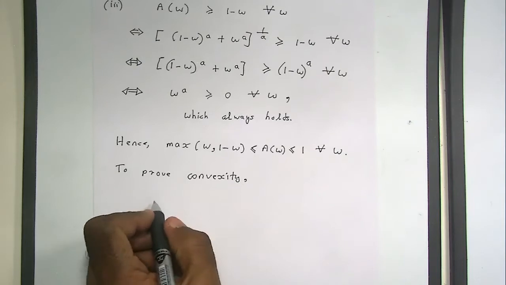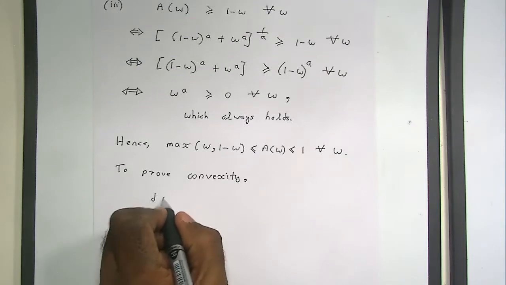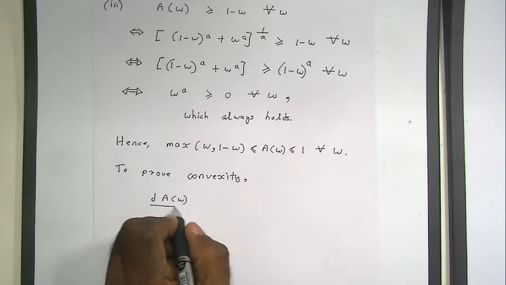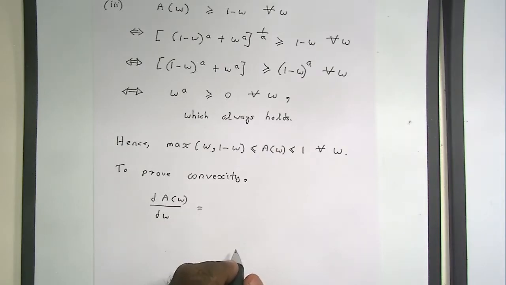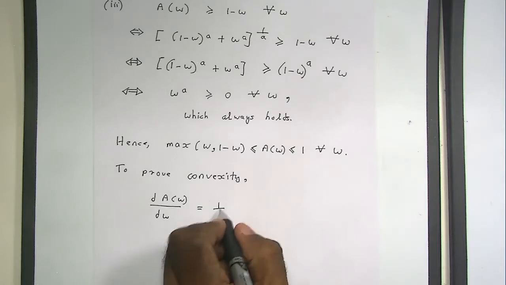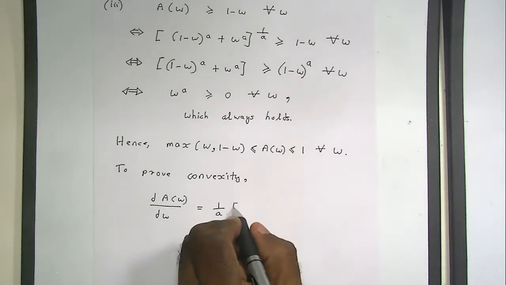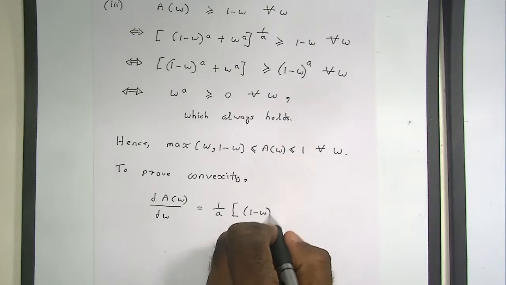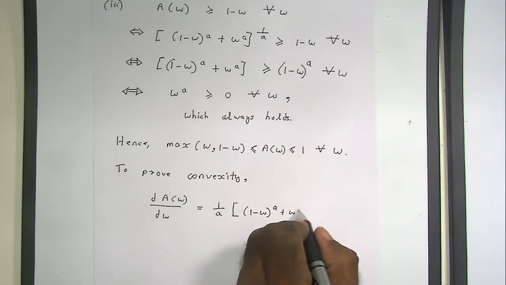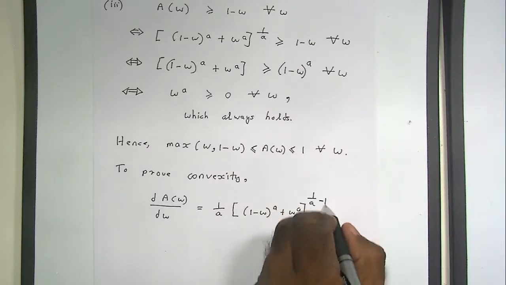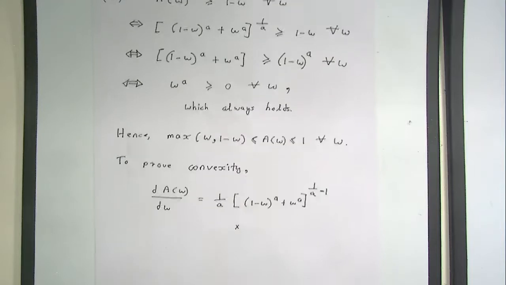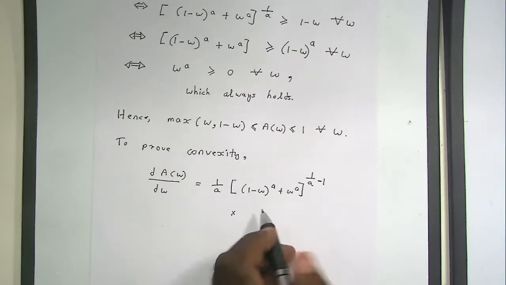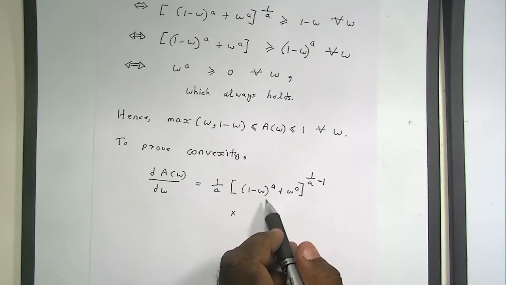First we need to take the first order derivative. So what's the first order derivative? It's going to be 1 over A multiplied by, correct me if I'm wrong, I often make a lot of mistakes, the derivative of this with respect to omega.